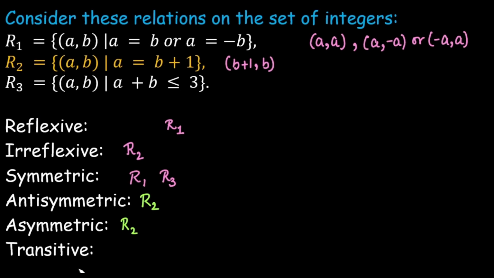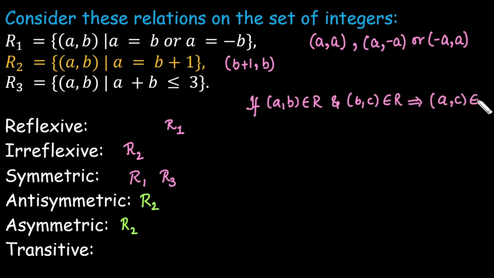Now moving towards transitive. The transitive condition is: if the ordered pair AB is a part of relation and the ordered pair BC is a part of relation, this implies the ordered pair AC is a part of relation. Check whether the statement is applicable in all these three relations or not.